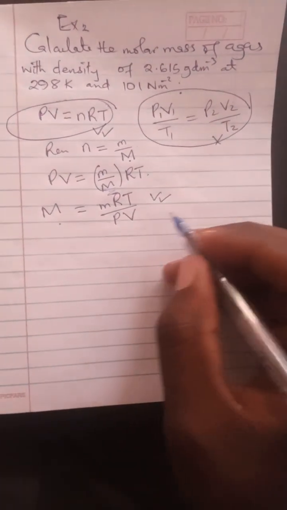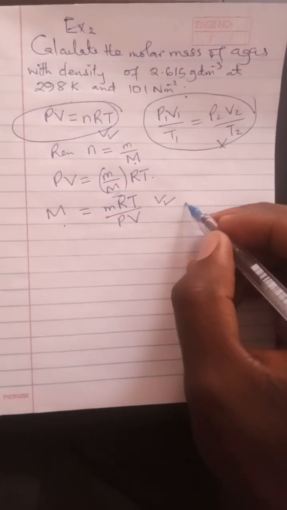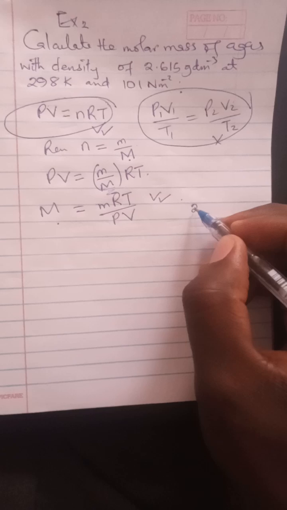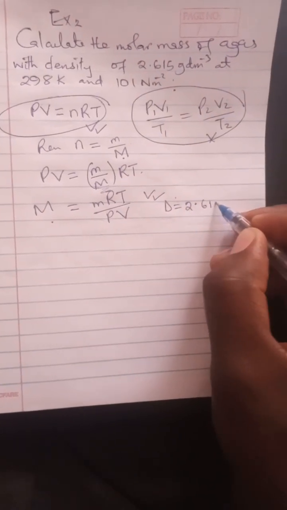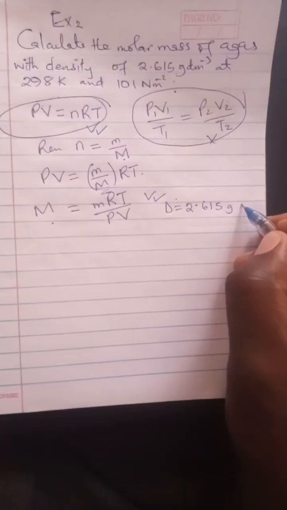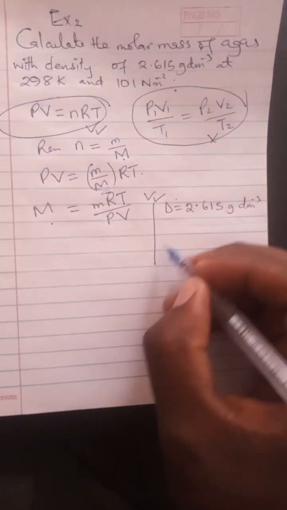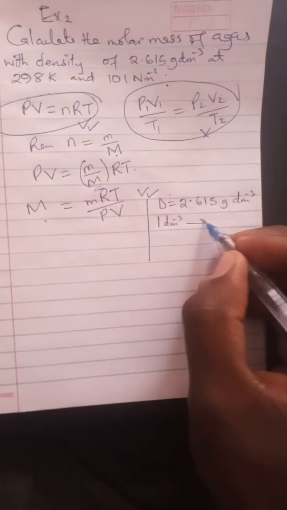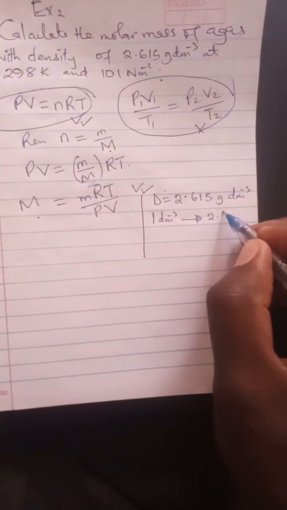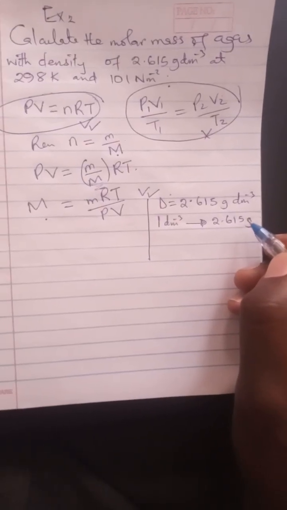Okay, basing on the density that is given to us, density is equal to 2.615 grams per cubic decimeter, meaning that for every 1 cubic decimeter there is 2.615 grams of that gas.